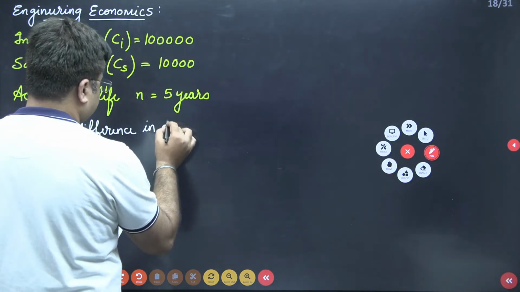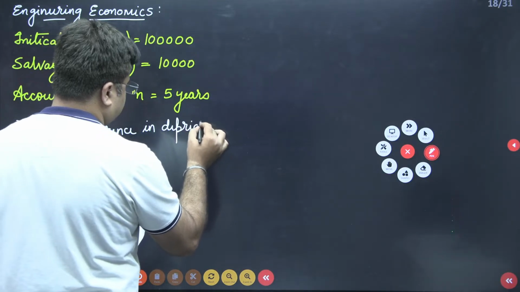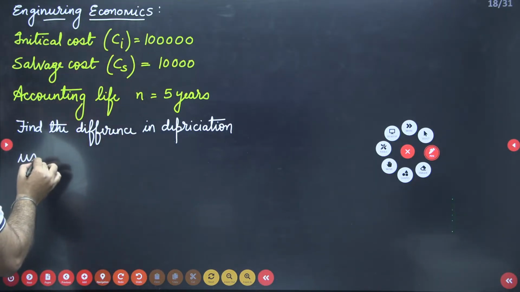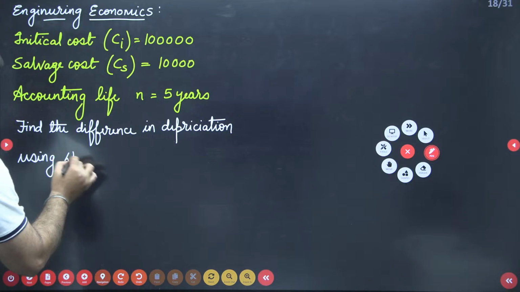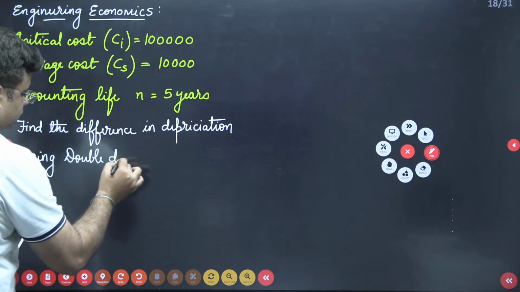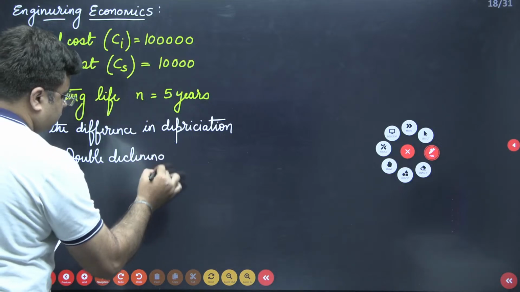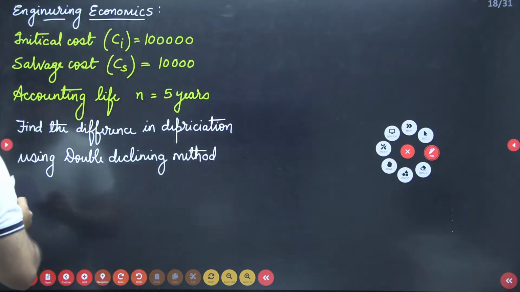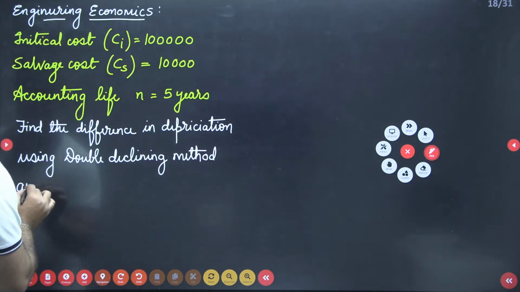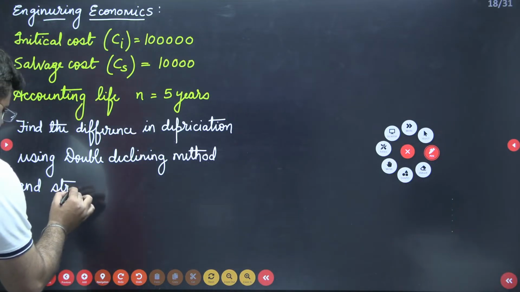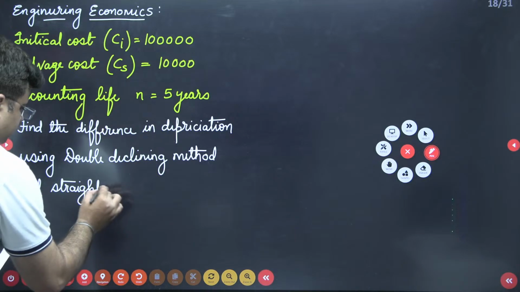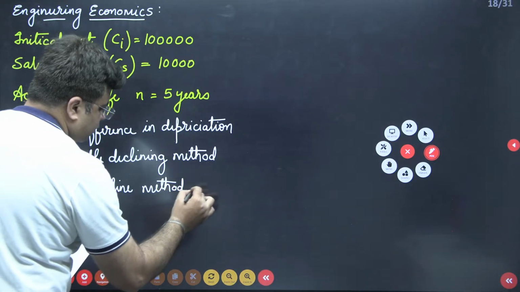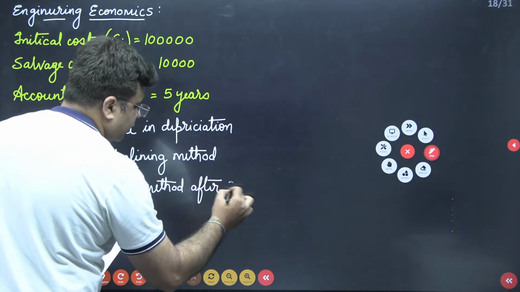in depreciation using double declining method and straight line method after 2 years.